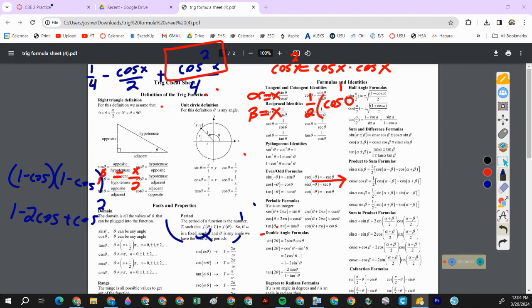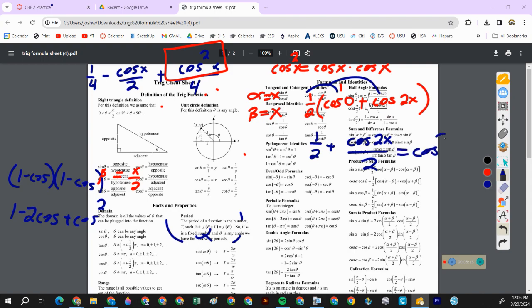And remember, that's just the number 1. Plus the cosine of x plus x, which is 2x. So distributing in the 1/2, I get 1/2 plus the cosine of 2x over 2. And all of that is equal to the cosine squared of x.